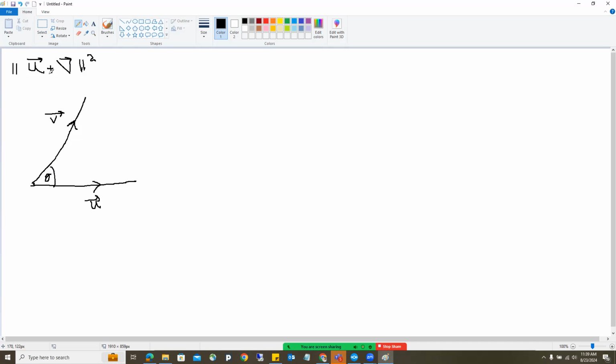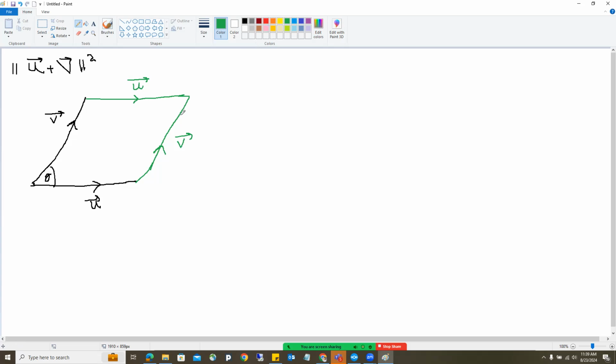Here we have vector u plus vector v. If I complete this into a parallelogram, for this side we have vector v, and for this side we have vector u.